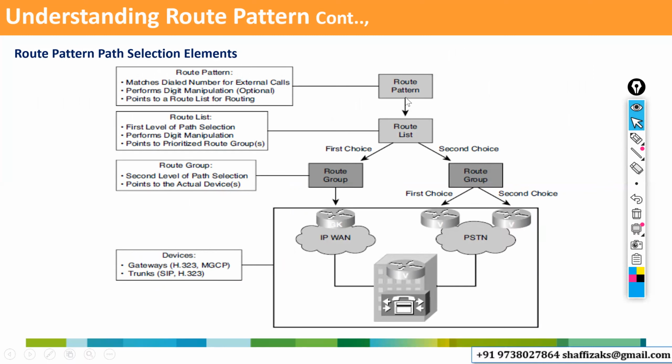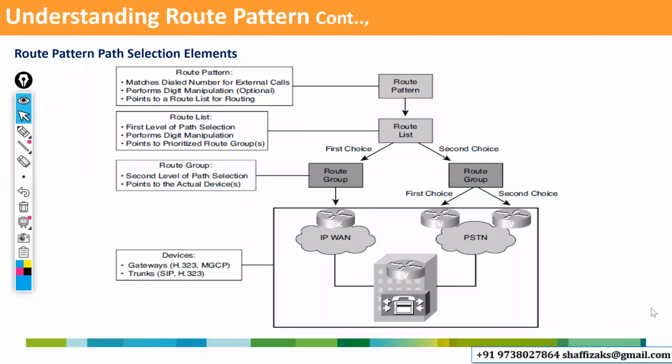First, route pattern; there are 3 components. There is a hierarchy for the route pattern: route pattern, route list, route group, gateway. All right, so next we'll discuss the route pattern. What exactly is a route pattern?